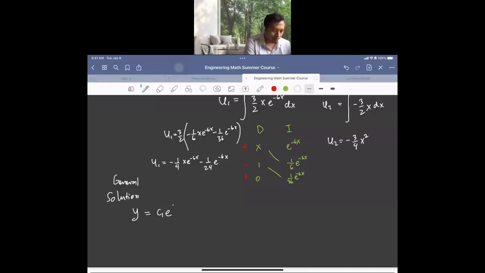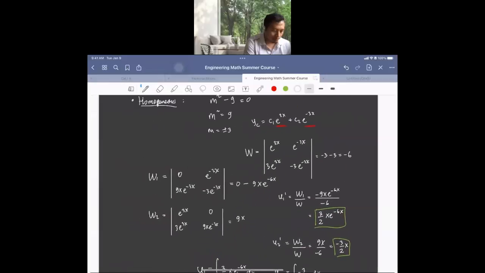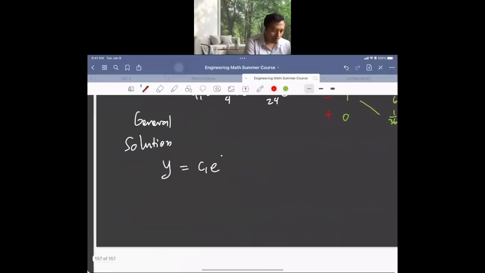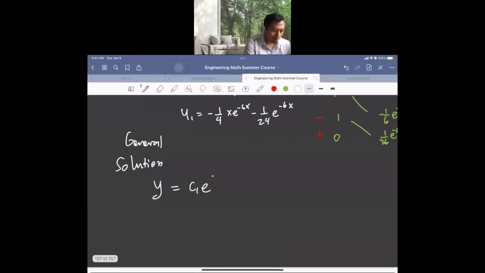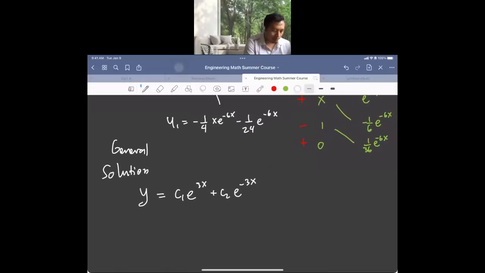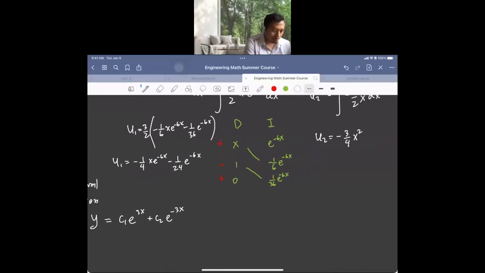So general solution. So y, let me write this one, the complementary. Okay, we write here again. The complementary is c1 e 3x plus c2 e negative 3x.